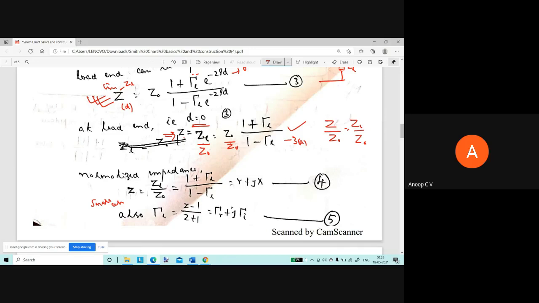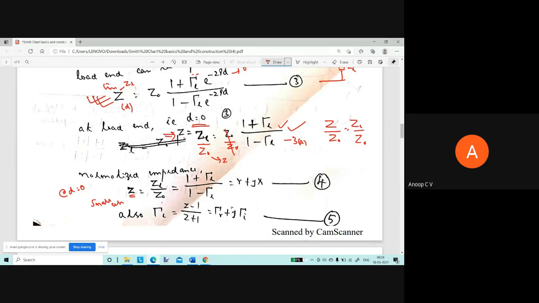ZL by Z0 is the normalized impedance at the load end, and the Z0 and Z0 get cancelled. So what is left is this. So the normalized impedance, small z, that is equal to capital ZL by Z0 at d equal to 0, is equal to 1 plus gamma L divided by 1 minus gamma L.